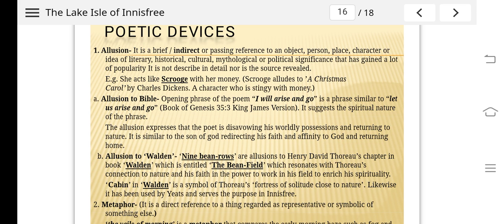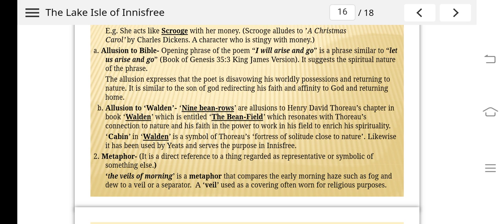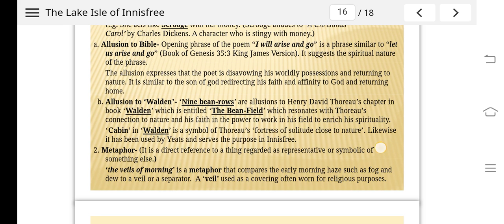It suggests the spiritual nature of the phrase, and the allusion expresses the poet disavowing his worldly possessions and returning to nature. It is similar to the Son of God redirecting his faith and affinity to God and returning home. That is the allusion.